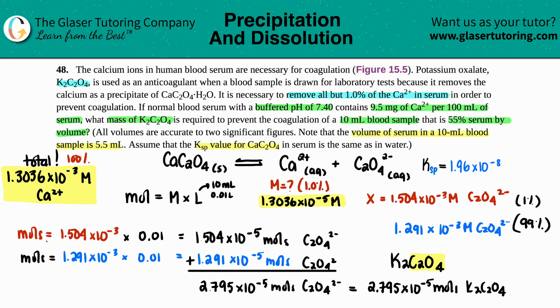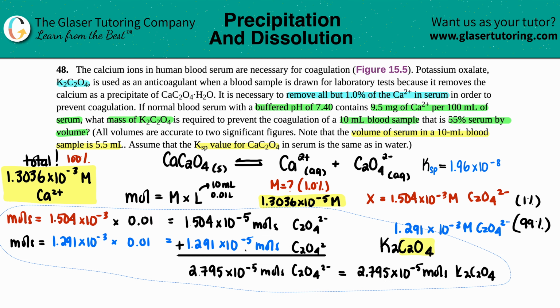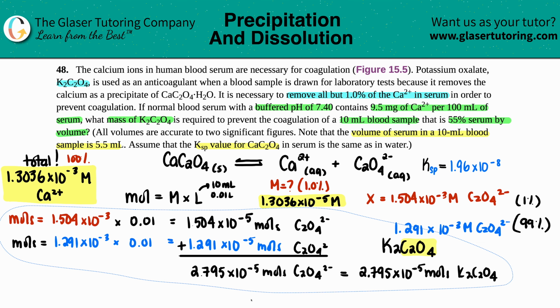Oh my goodness. So maybe I can take this and bring this up a little bit, because all we have to do now is just do a mole to mole ratio, right? Or mole to gram ratio.